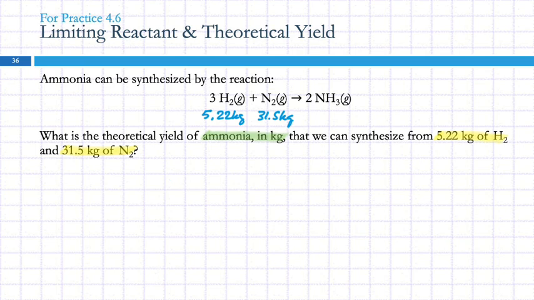And then I want to find how much ammonia in kilograms. I have 2 reactant masses. I'm going to do 2 grams to moles to grams. One with the first one, one with the second one. Grams to moles to moles to grams.